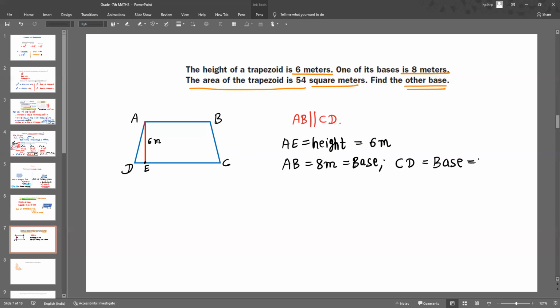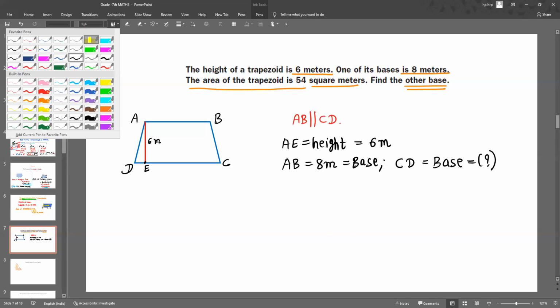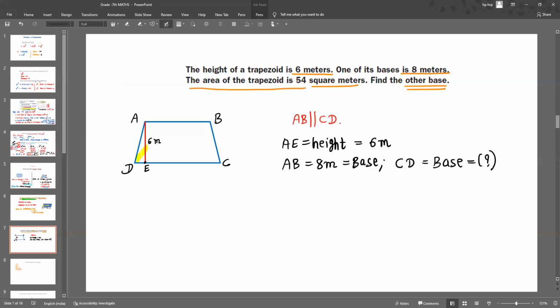Understand? And here you can see that the area of the trapezoid is given. So which part is the area? Area means I can shade this trapezoid with this yellow color. So this yellow portion represents the area of the trapezoid. So we have the area given, that is equal to 54 square meter.